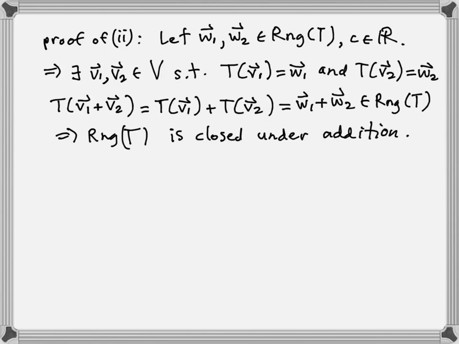Okay. So now let's show that it's closed under scalar multiplication. What would T of C V1 be? This is equal to C times T of V1, which is C times W1, which is in the range.